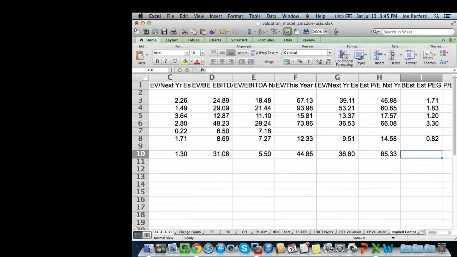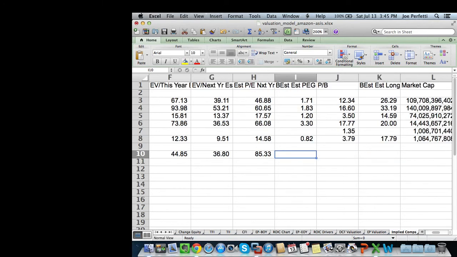And then what is the PEG ratio? The PEG ratio is this divided by the long-term growth rate. We didn't really forecast a long-term growth rate in the model, so we can't really calculate a PEG. So we're not going to directly calculate the PEG here. We could if we want to put in our own long-term growth rate.